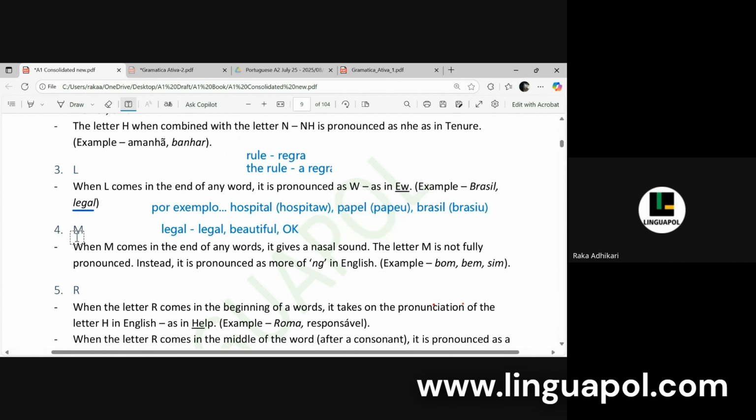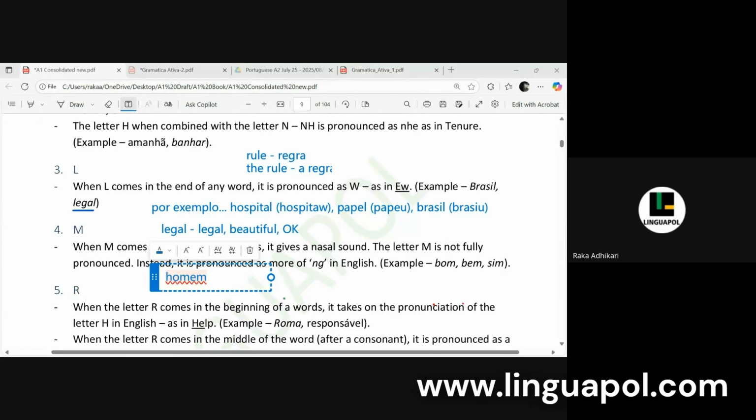A letra M. Now this rule, whatever we are going to read now, applies to both European and Brazilian. No matter which branch of Portuguese you are focusing on, the rule of this letter M applies to all the branches. The rule says when M comes at the end of any word, it gives a nasal sound. And this is a universal rule. It applies to everything in Portuguese. For example, we learned the word homem.